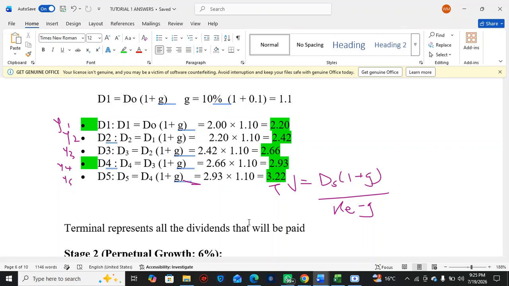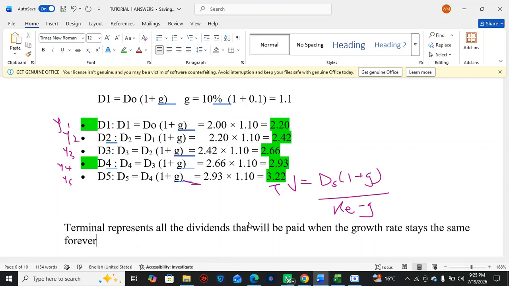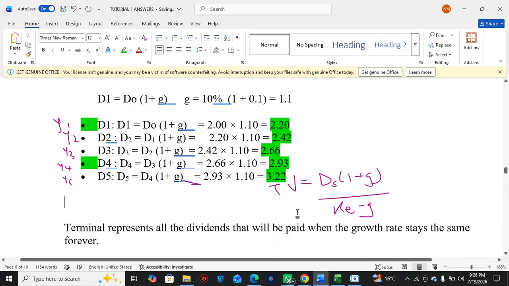These dividends that will grow at 6% forever, all of them combined, that's what the terminal value is. All the dividends that will be paid when the growth rate stays the same forever. Colleagues, that is what this terminal value is. So this is how we get to the terminal value.